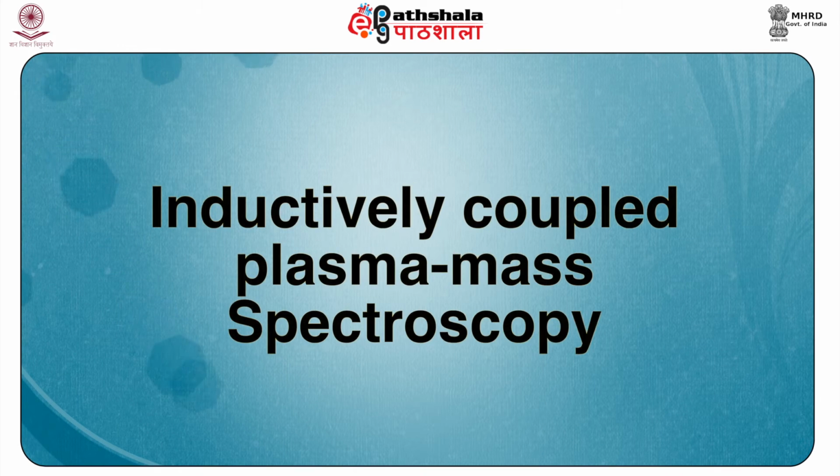Next is inductively coupled plasma mass spectrometry. Inductively coupled plasma mass spectrometry is the fastest growing trace element technique. Since its commercialization in 1983, the technique has covered a wide range of application areas including forensic, environmental, geochemical, semiconductor, clinical, nuclear, chemical, metallurgical and many other scientific disciplines.